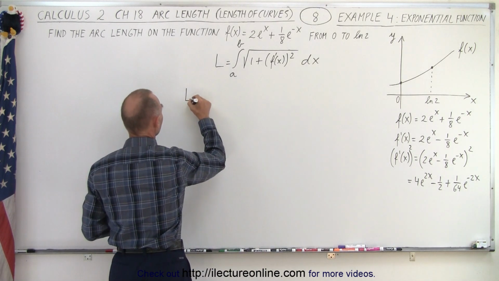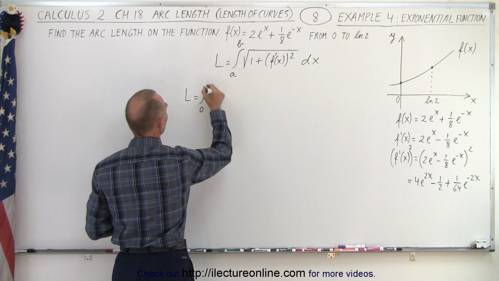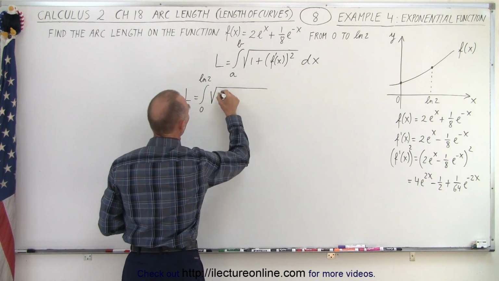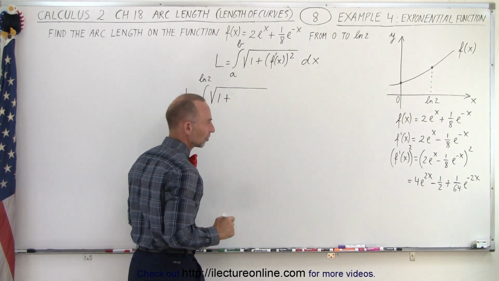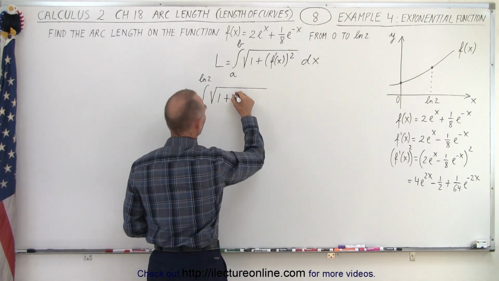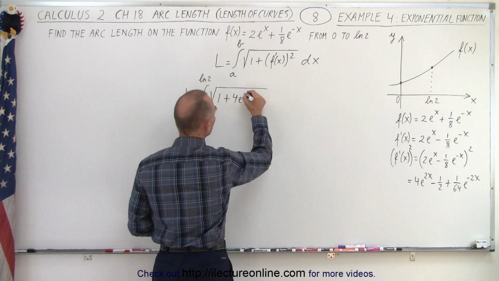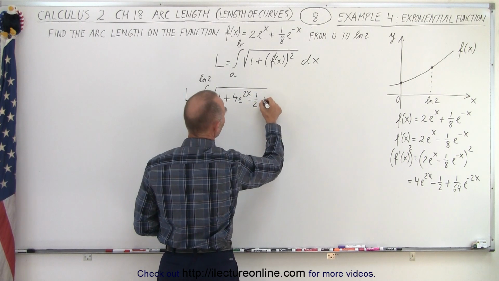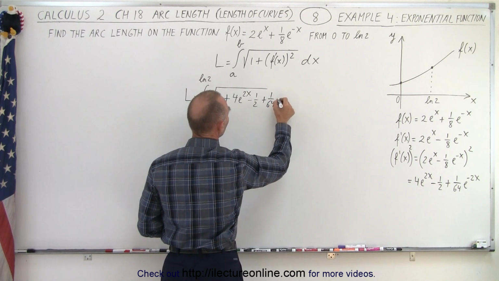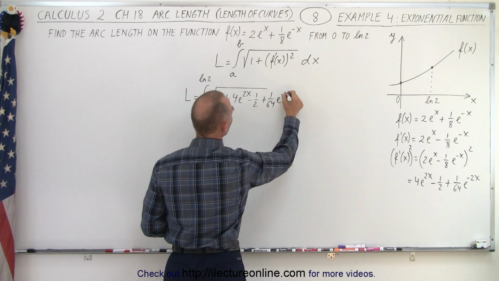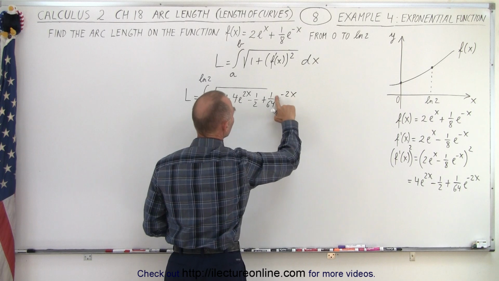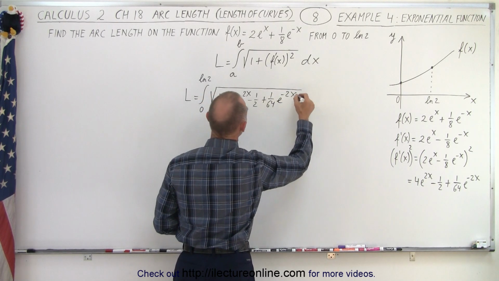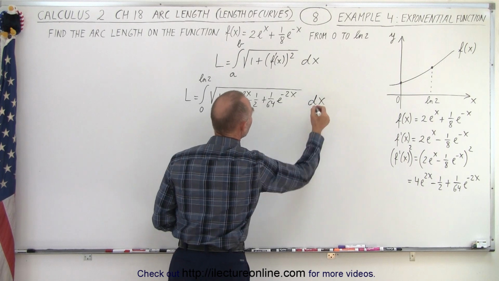So we know that the arc length L is equal to the integral from 0 to the natural log of 2 of the square root of 1 plus that function squared, which is 4e to the 2x minus 1/2 plus 1/64 e to the minus 2x, times dx.